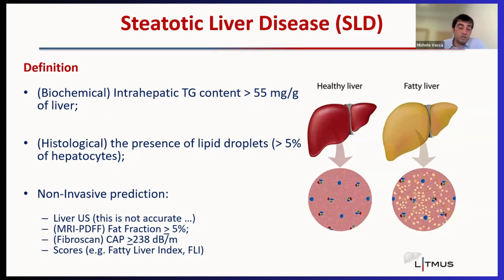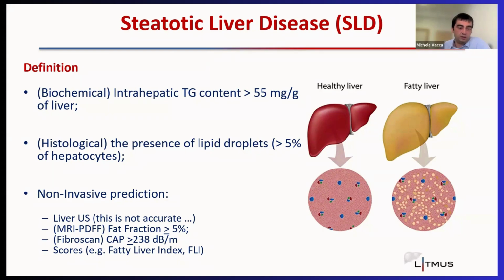But what we have seen over the last decades is that many different non-invasive prediction biomarkers and instrumental findings can correlate really well with the disease at the histological level. I'm not speaking about liver ultrasound, because we know that it's not accurate and there is no correlation between steatosis evaluated at the ultrasound with any histological definition.